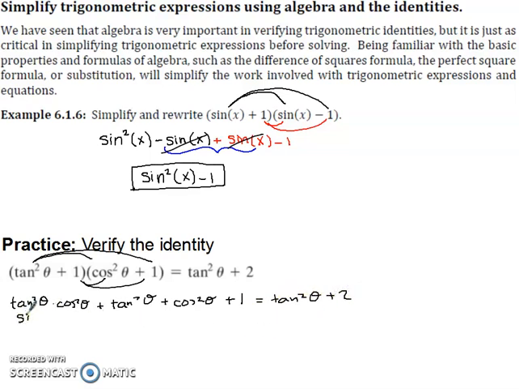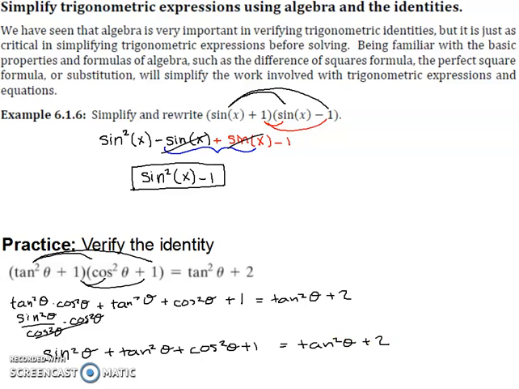Now tangent squared I can rewrite as sine squared over cosine squared, and I'm multiplying that by cosine squared. So what actually happens here is that these two things reduce, and this whole first component is just sine squared theta, plus tangent squared theta plus cosine squared theta plus 1, which should equal tangent squared theta plus 2.